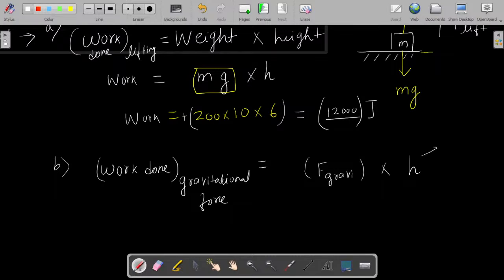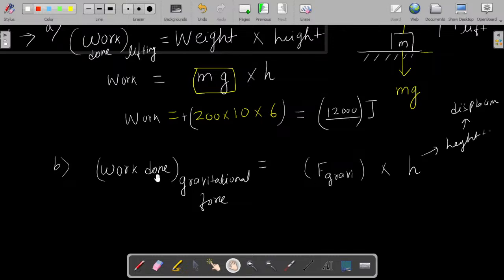Here displacement is height, the vertical height. Height is the displacement. So here we have to find the work done by gravitational force. That's why we have to take the gravitational force only.